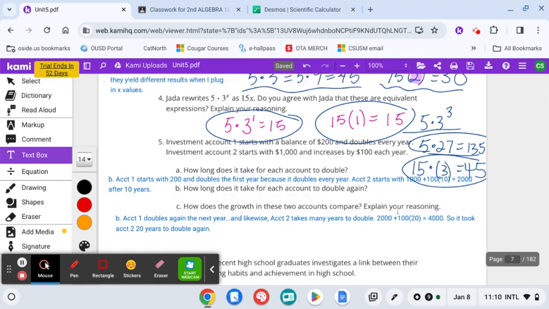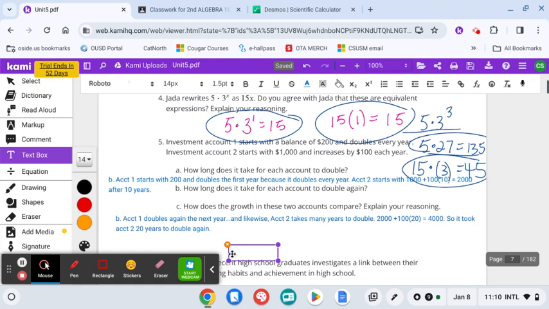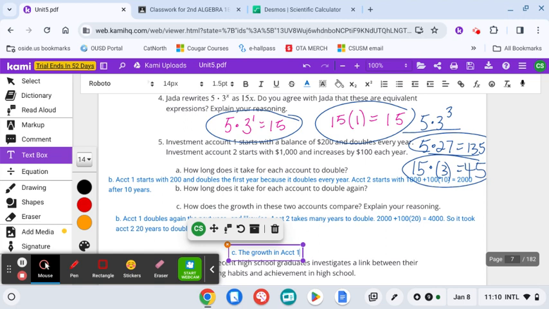Finally, how does the growth in these two accounts compare? The growth in account 1 is multiplying by 2, and the growth in account 2 is adding 100.